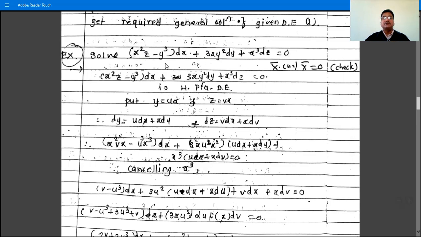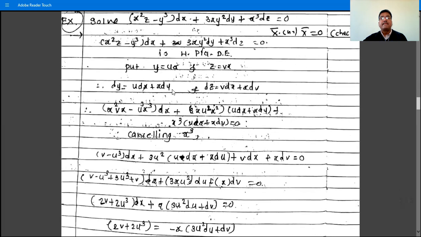Then the first part of the solution of this example is what? Check x bar dot curl x bar is equal to 0, or show x bar dot curl x bar is 0, and then write the sentence that the given differential equation is integrable, and then we have to solve this homogeneous Pfaffian differential equation.